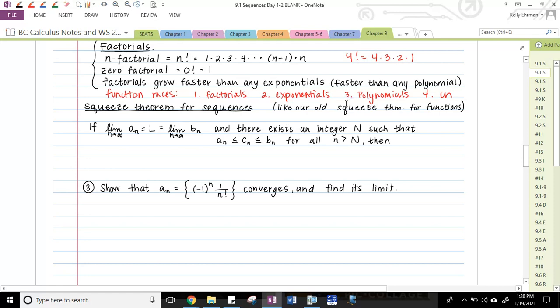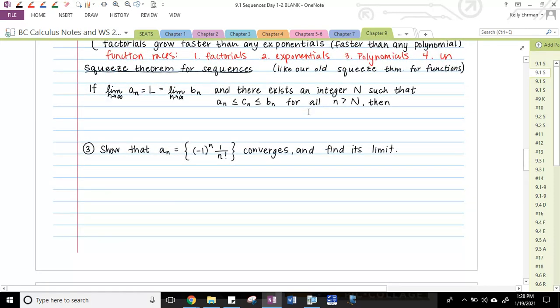Okay. In chapter 1, we talked about the squeeze theorem. So this is just like it was in chapter 1. If I have an unknown sequence, like I don't know how my sequence C sub n behaves, but I do know that it is squeezed or sandwiched in between sequences A and B. And if I can figure out the limit of sequence A and the limit of sequence B, and they equal the same thing, then the limit of C is going to match that.